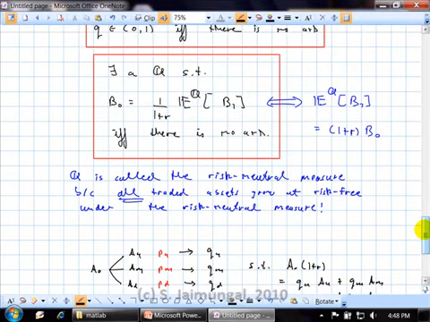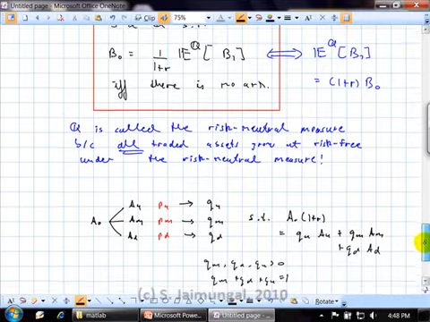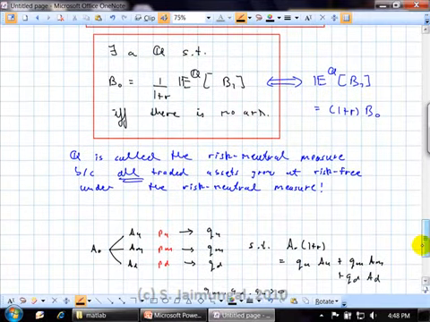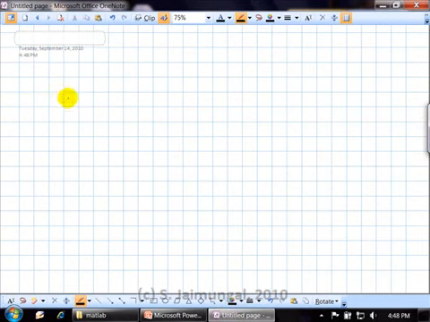So maybe to illustrate this point in a slightly different setting, let's do an example, and then we'll call it a day there. Okay? We have covered a good amount of material. Let's take a look at an example where an asset is worth 100.